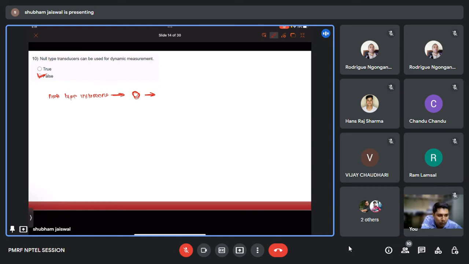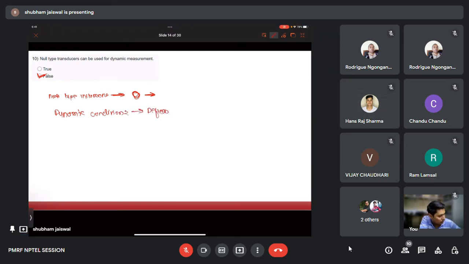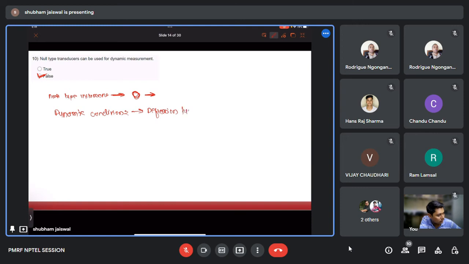Some deviations will be there, so we cannot measure accurately using a null type instrument. So in dynamic conditions, we prefer which instrument? Deflection type. So the correct answer is false.